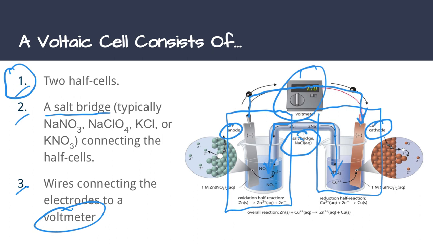It connects the two half cells and essentially completes the circuit. Salts like sodium nitrate, sodium perchlorate, potassium chloride and potassium nitrate are all great salts you can use for your salt bridge.